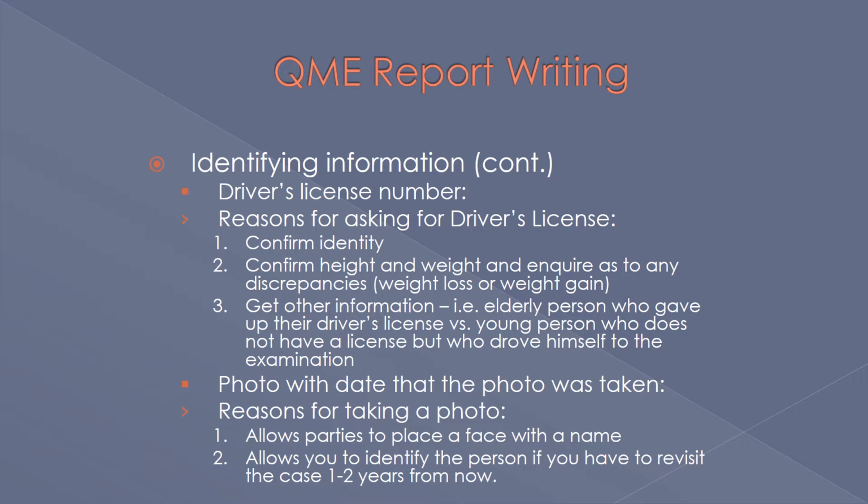So you've already obtained the examinee's driver's license, and it's at this point in time that you simply type the driver's license number into your identifying information table on page 1 of your QME report. And there's a couple of good reasons for asking for the driver's license.